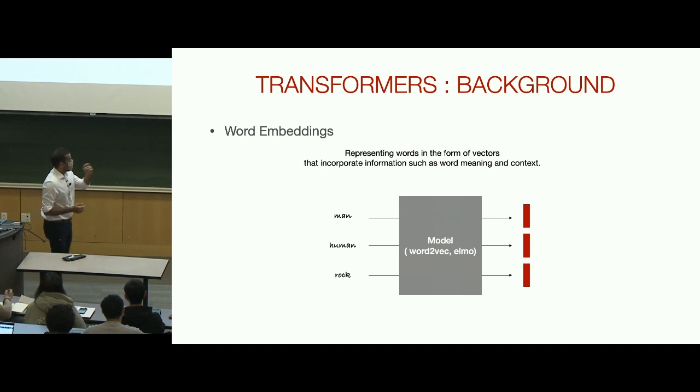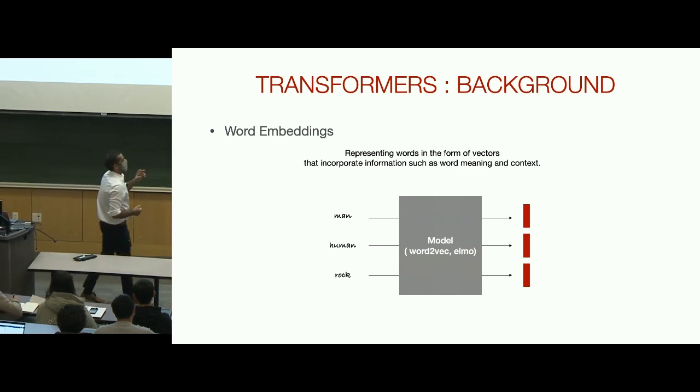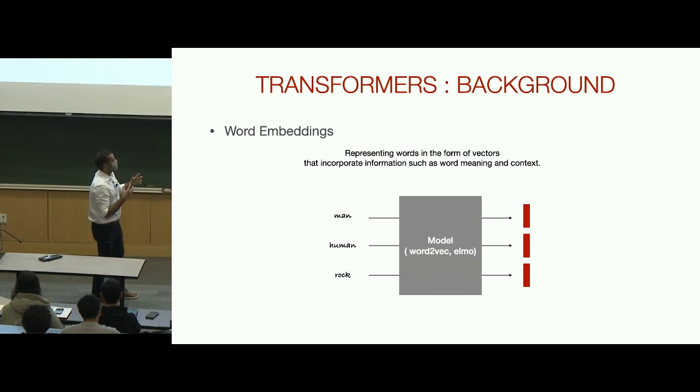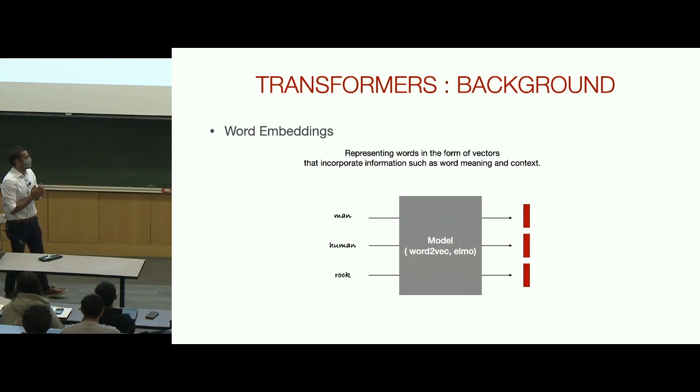So take man, human and rock, for example, 3 words. If we use a one-hot representation, man would be equally different from human as it would be from rock. So all the words are as far apart as they can be from each other, and there is no similarity, as he said.